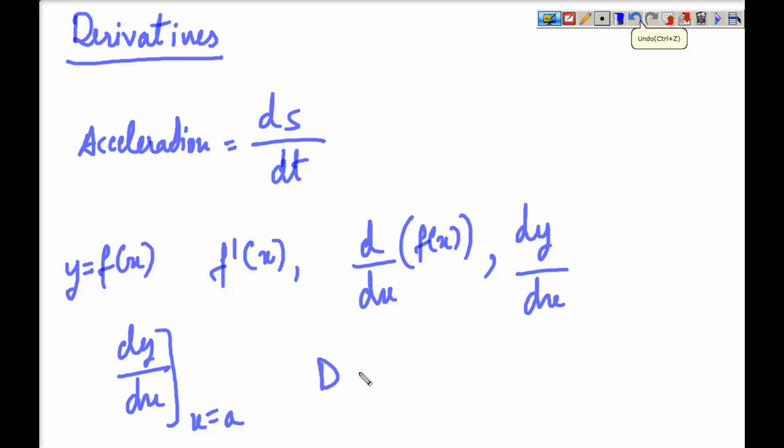Also d of f of x is also called the derivative of the function.